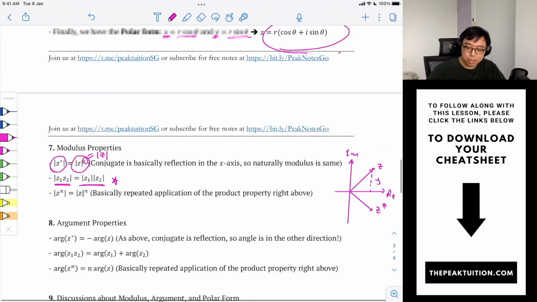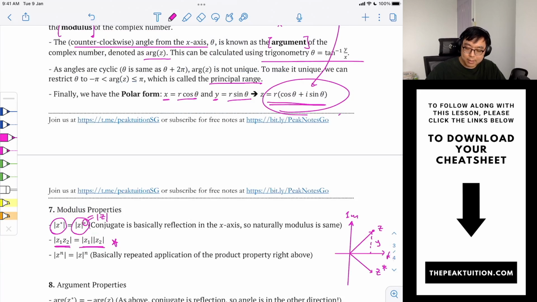You can show this by multiplying these forms, and you realize that cosine theta plus i sine theta has a modulus of 1. Why 1? Because sine squared plus cosine squared gives you 1. Simple as that, right? So that means the only thing that changes the length is the r here.